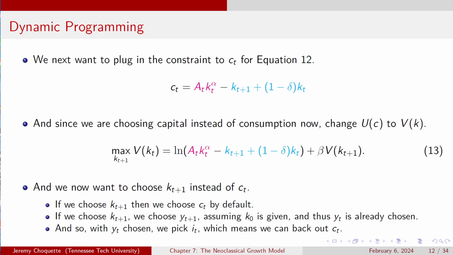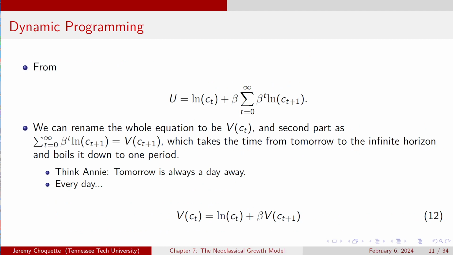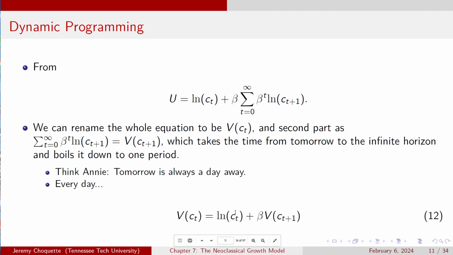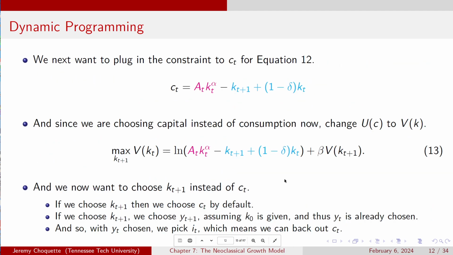So what are we going to do? Well, I'm going to plug that constraint in for CT in equation 12. So I've got the natural log of CT. I'm going to take CT equals output minus investment, this stuff right here, and plug that in right here. What does that do? The natural log of this stuff, which was CT, is now output minus investment, plus beta times V of KT plus 1.